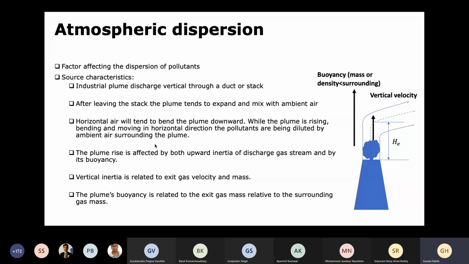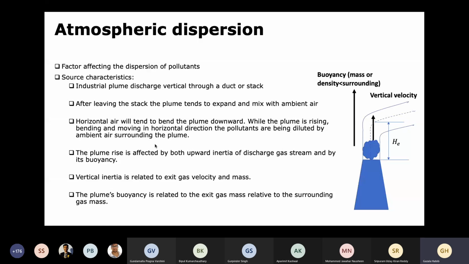The plume rise is affected by both upward inertia of the discharge gas stream and by its buoyancy. Upward inertia of the discharge gas stream or flue gas is actually because of the velocity of the flue gas which is coming out from the stack, and whatever is the mass that governs the inertia of the plume. And then its buoyancy.